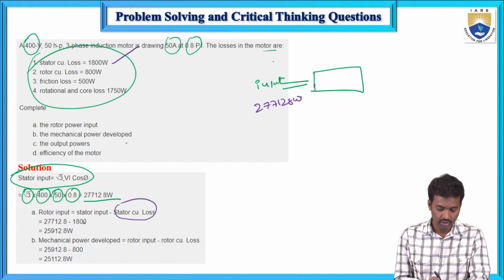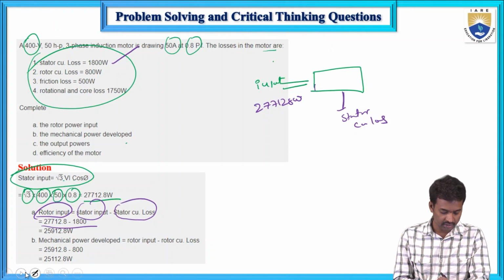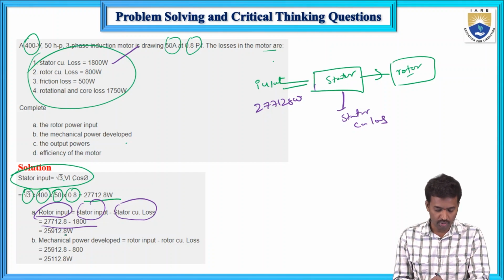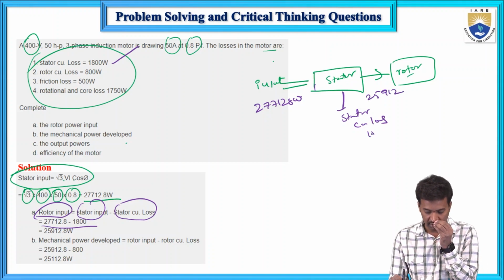Stator input minus stator copper losses is the rotor input. This value equals 25912.